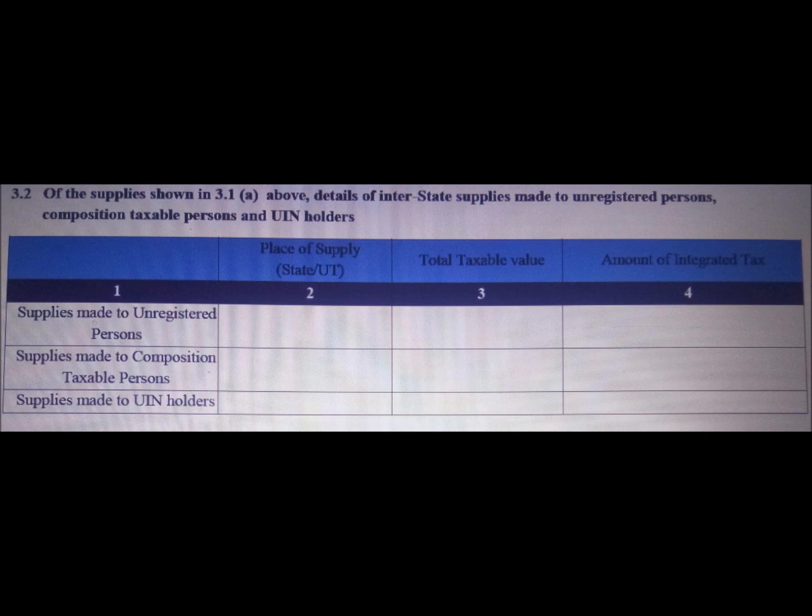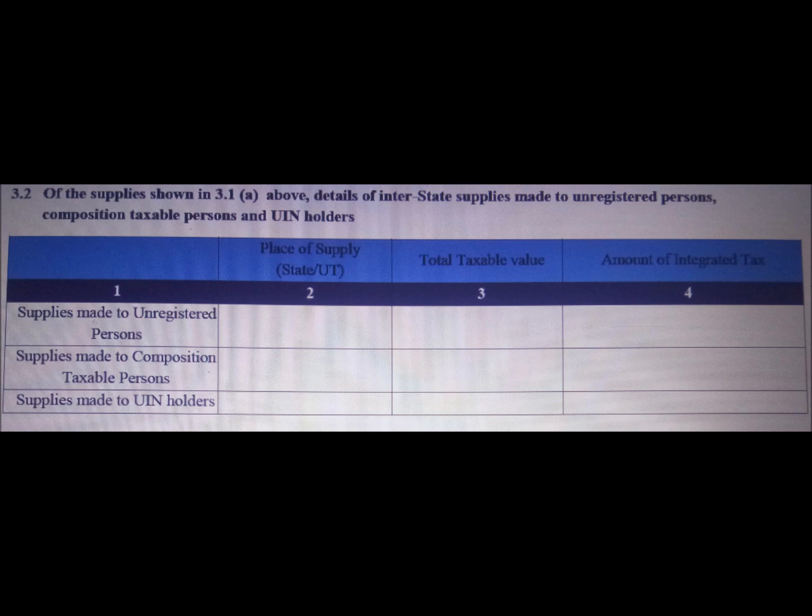Friends, as you are aware that GST is a destination based tax, and IGST that is collected on interstate supplies is shared by center with the state where actual consumption takes place.